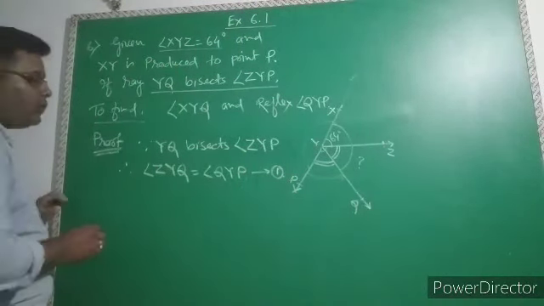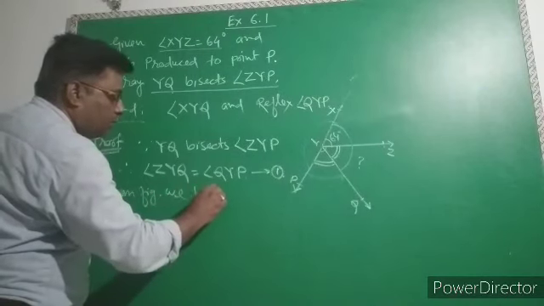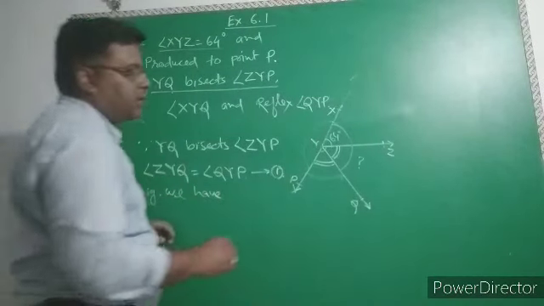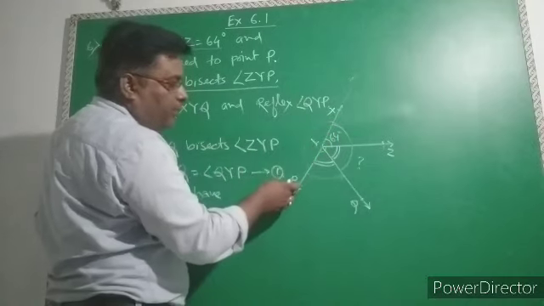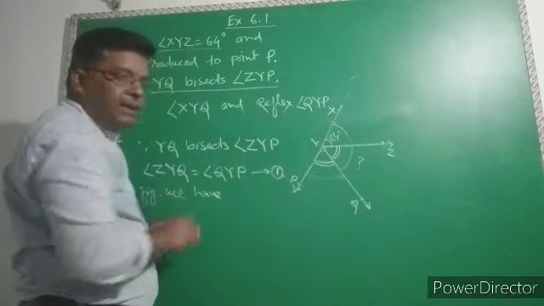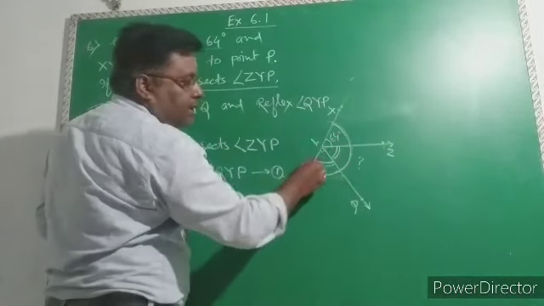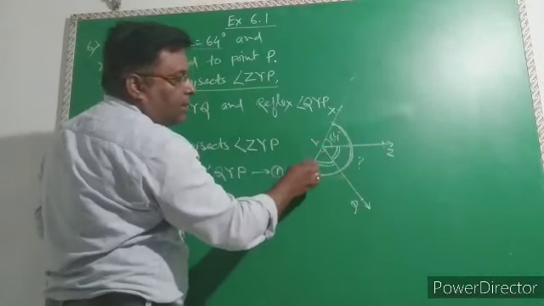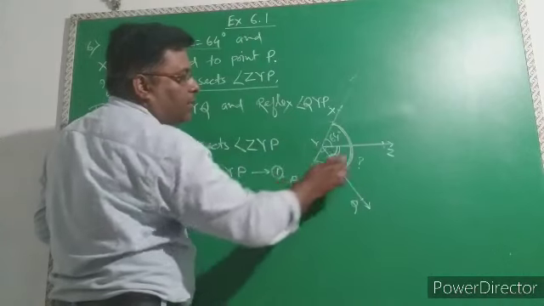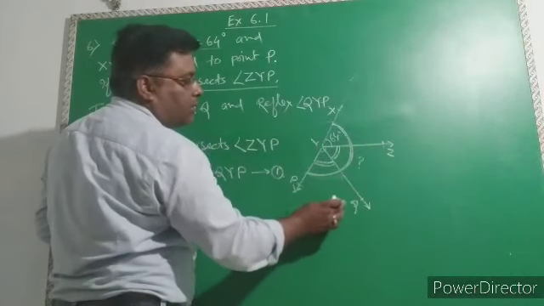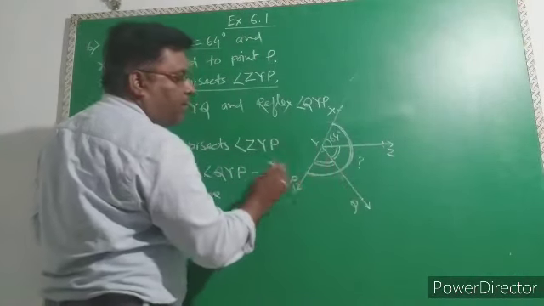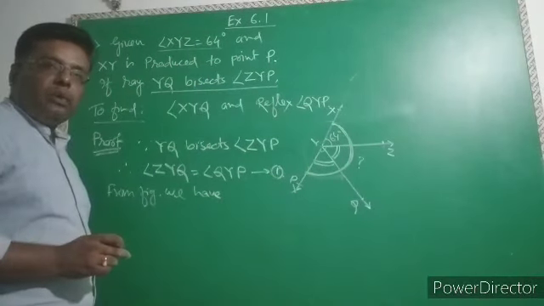So from the figure we have, XY is produced to P, that means XYP is a straight line, and if we add these angles, that is XYZ plus ZYQ plus QYP, we get 180 degrees.